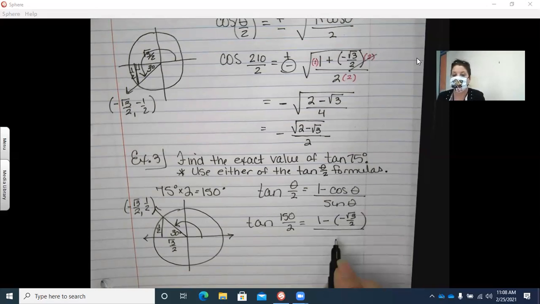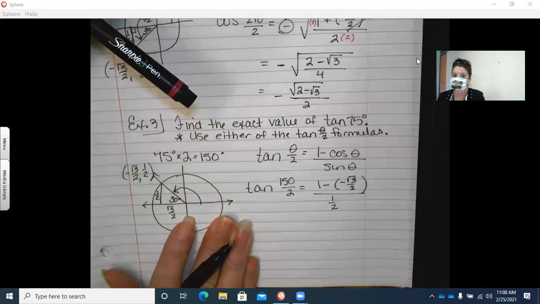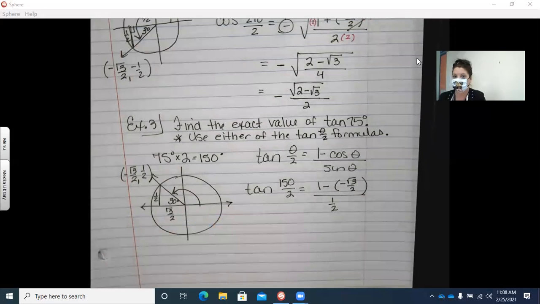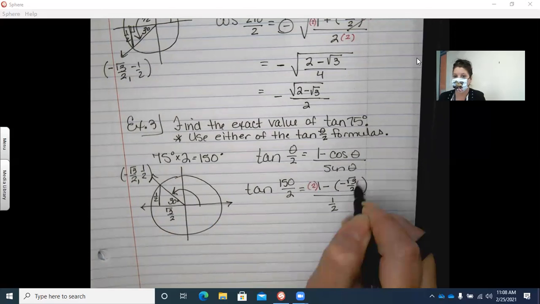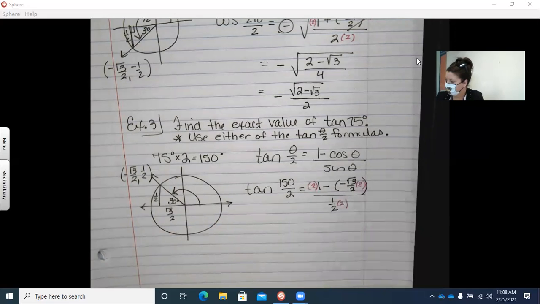So what can we do to get rid of these fractions within fractions? Complex fractions, we call them. Multiply by 2. Even that 1, don't forget that poor little 1. Every term within the fraction has to be multiplied by 2. So we get 2 times 1 is 2. Now, what's negative times a negative?